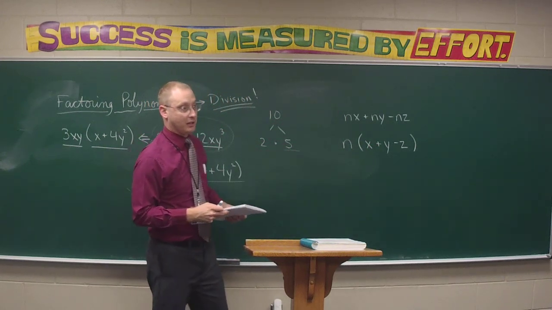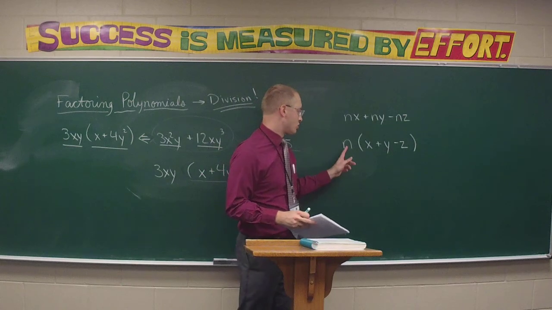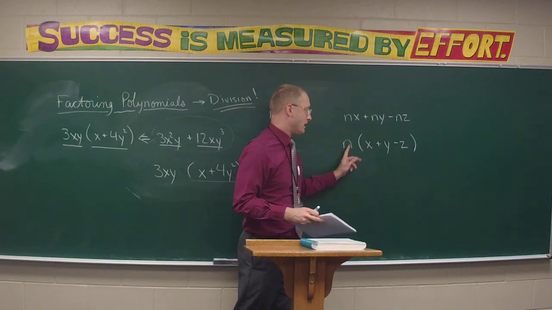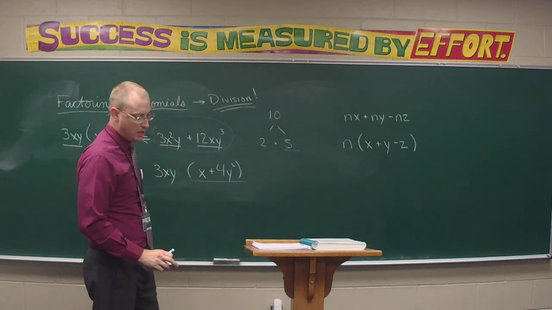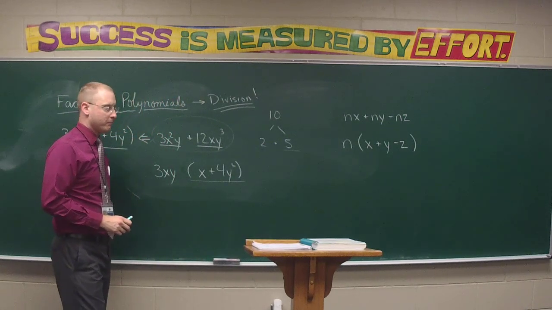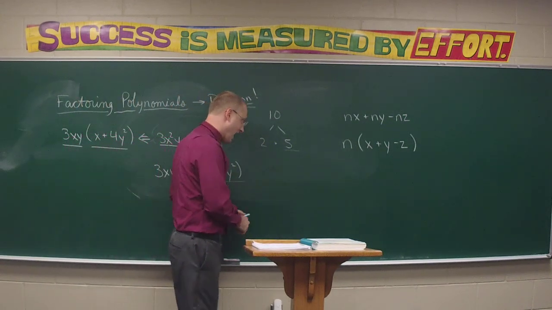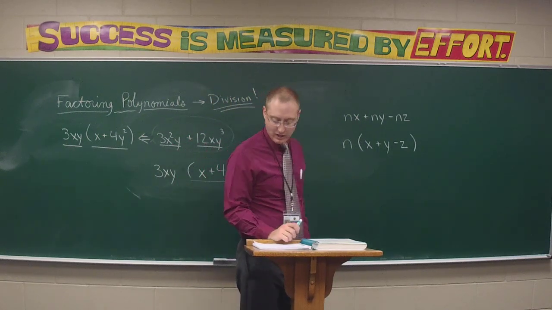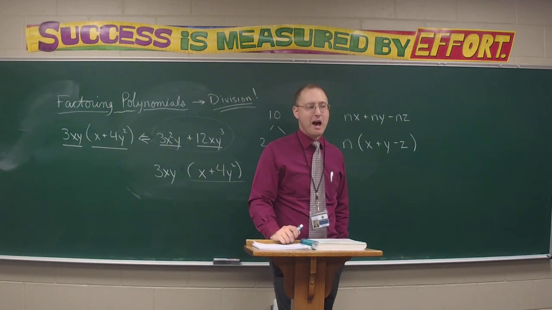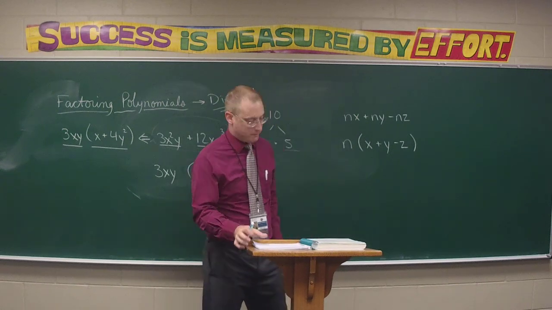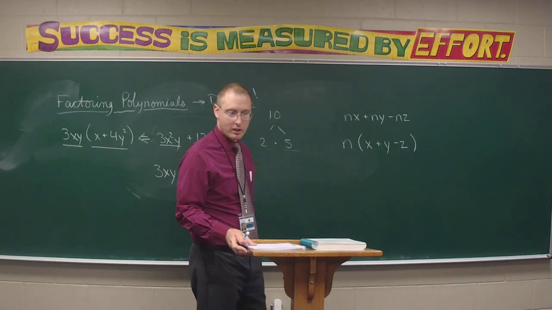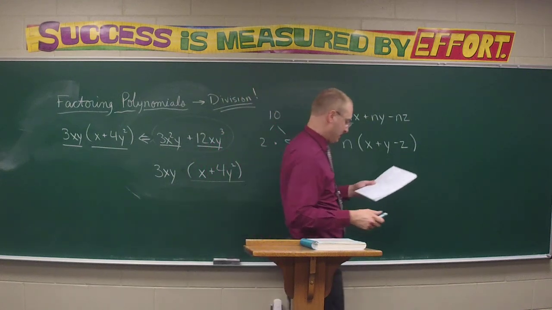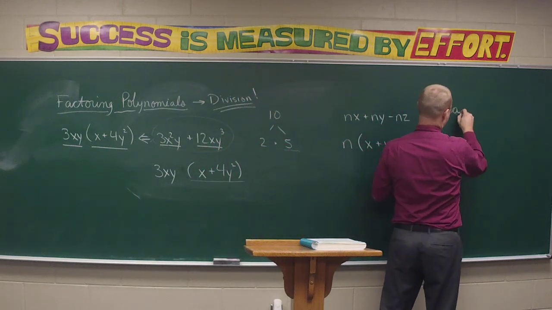Now, how would you check if you really wanted to check? You would distribute: nx, positive ny, negative nz. Boom. Write this in your notes: factoring out a common monomial factor is the opposite of distribution.